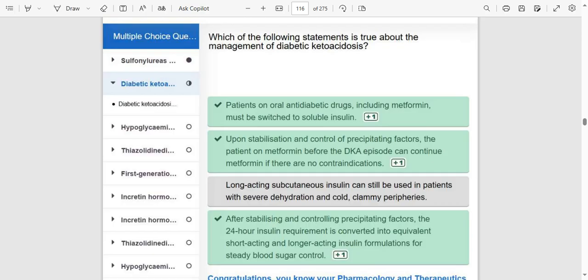One thing about these insulin formulations is that they can cause sodium retention, and when someone is retaining sodium, you expect them to have edema, which is contraindicated in this condition. Maybe it's one of those we are going to discuss. Long acting subcutaneous insulin can still be used in patients with severe dehydration. Don't do that.